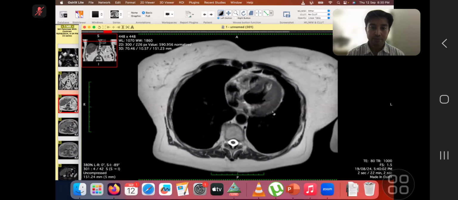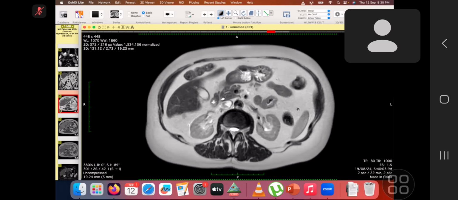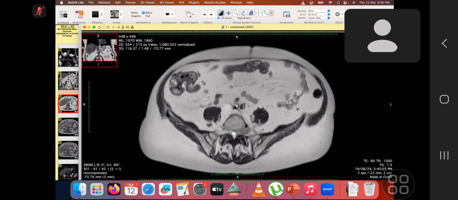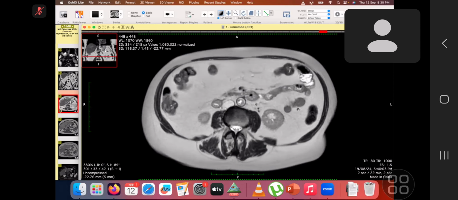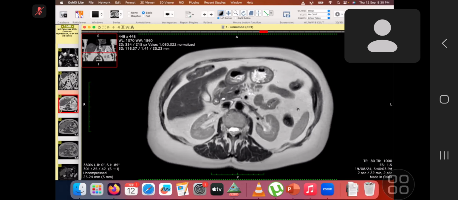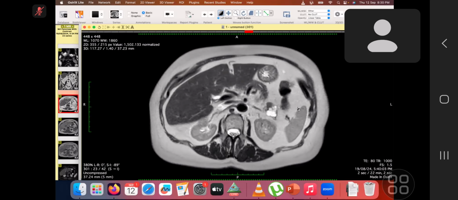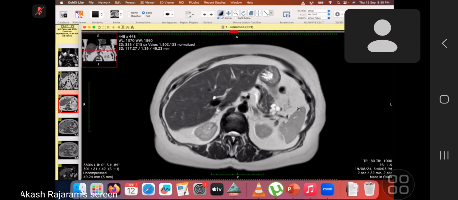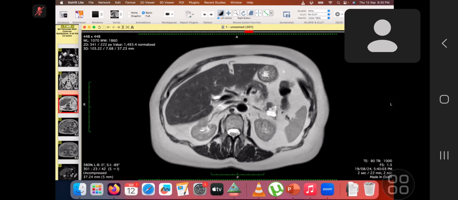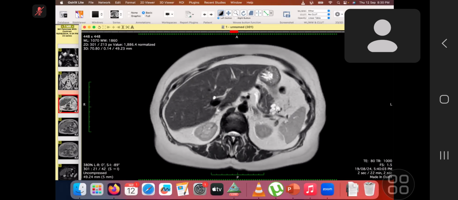Okay, let me start with the T2. Yes, this is T2. The lesion appears to be cystic, multilocular, and contains relatively large cysts.